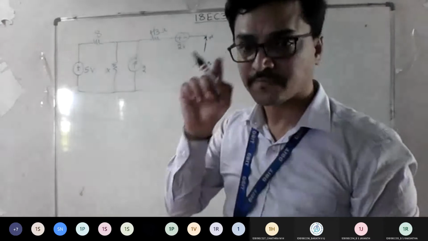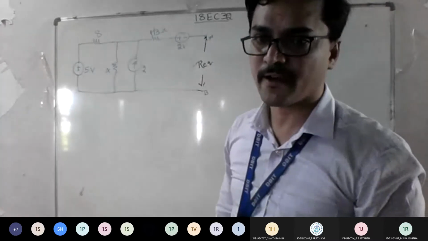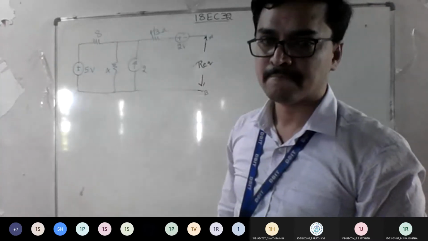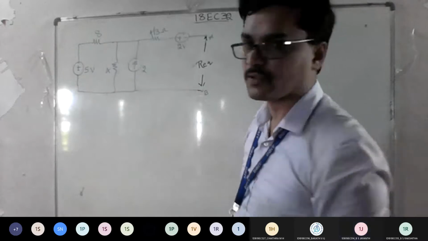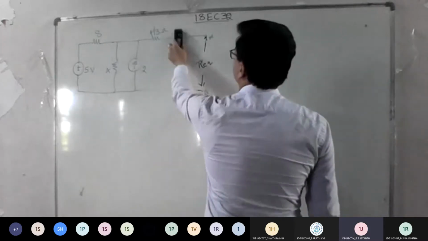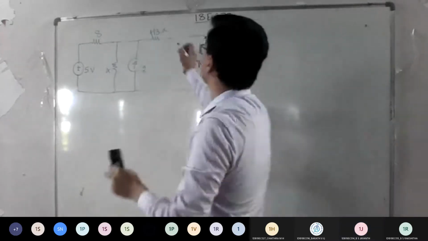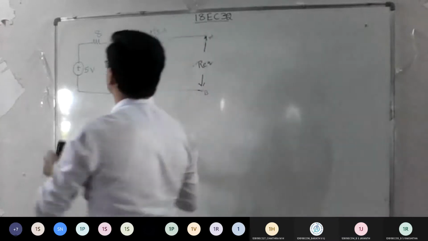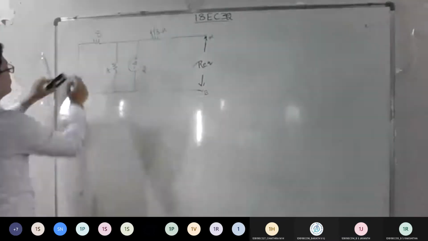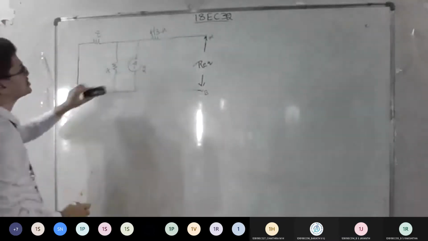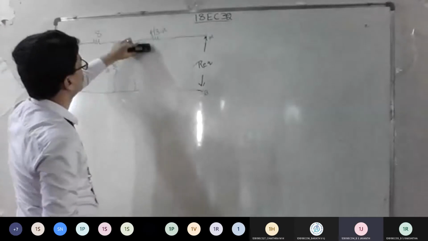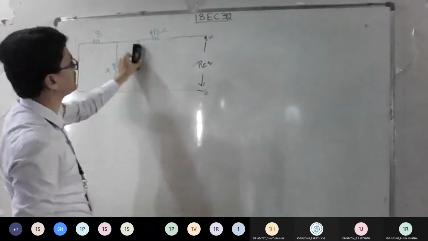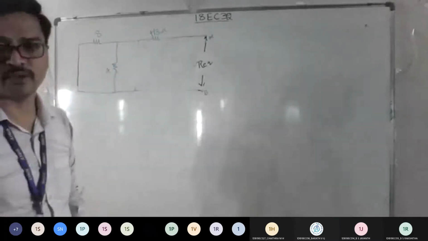What you should do? How many voltage sources you have? 2 voltage sources, sir. Okay, good. So it means this 2 volt is going to be short, and similarly this 5 volt is also going to be short. What will happen for current source now? Open path.